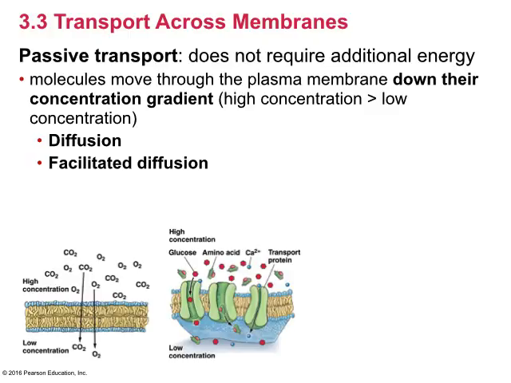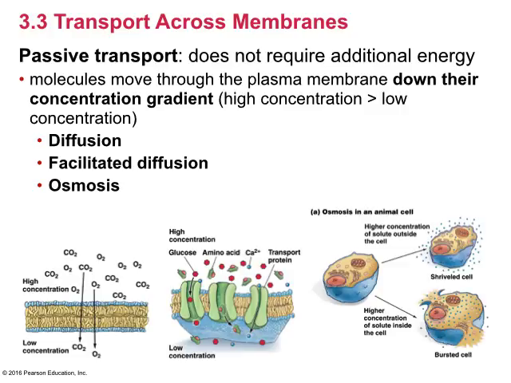You have facilitated diffusion, where molecules that are charged or that are larger, that can't normally pass through the plasma membrane, will pass through, facilitated by these protein channels here in green, the transport proteins. And these are still moving down their concentration gradient. And then osmosis, which is like diffusion, except specifically water. Osmosis is the diffusion of water across cells.